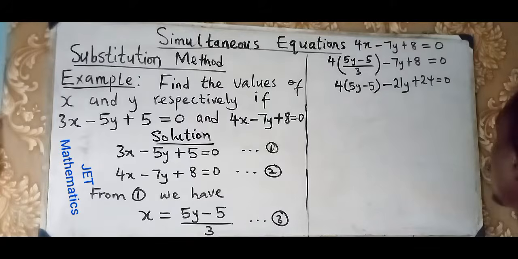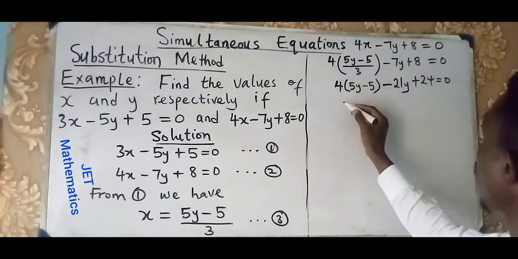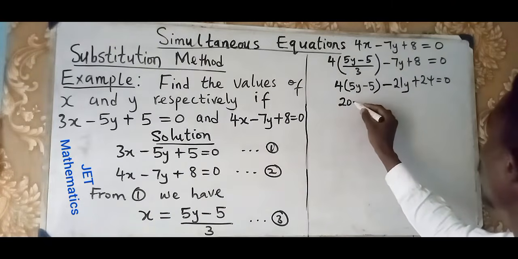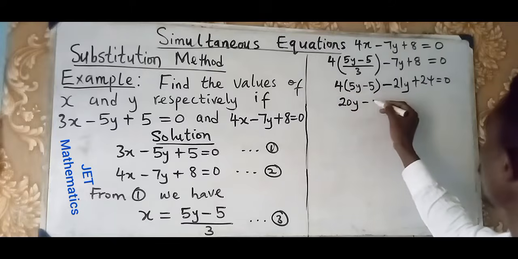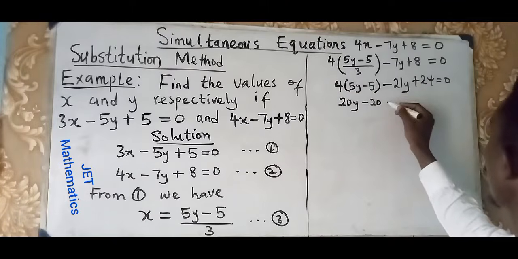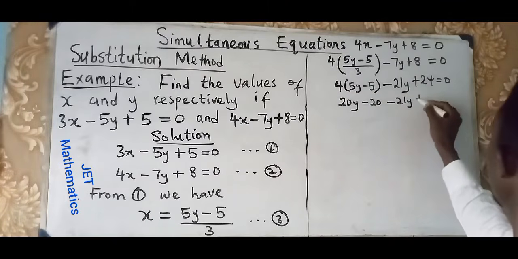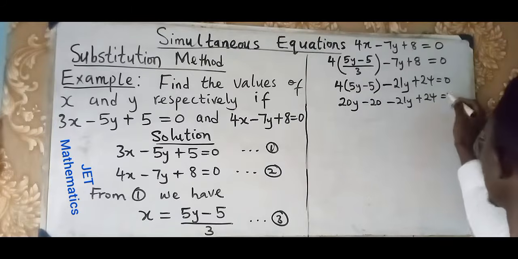Then we expand this, so we get 4 times 5 is 20y, and 4 times minus 5 is minus 20, and then we have minus 21y plus 24 is equal to 0.